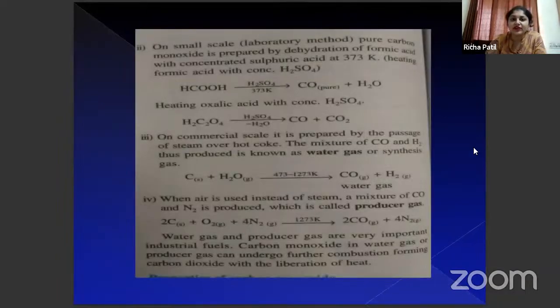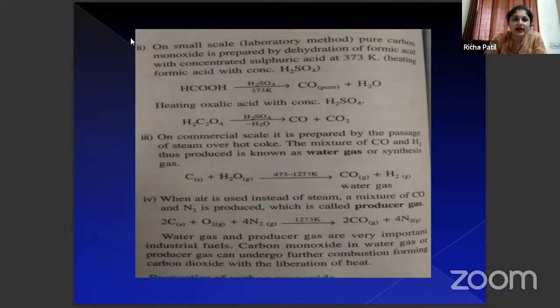These are the various laboratory methods. If you take formic acid and treat it with H2SO4 at 373 Kelvin, it gives you pure carbon monoxide. On a commercial scale, you can produce carbon monoxide by passing steam over coke.